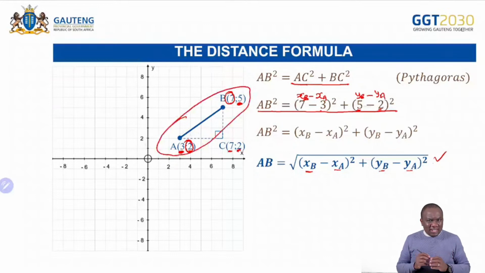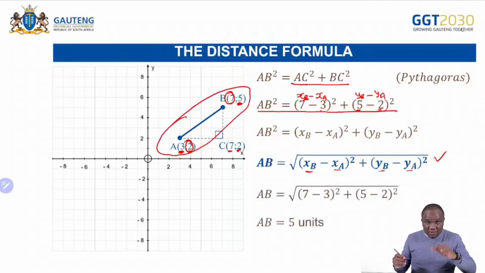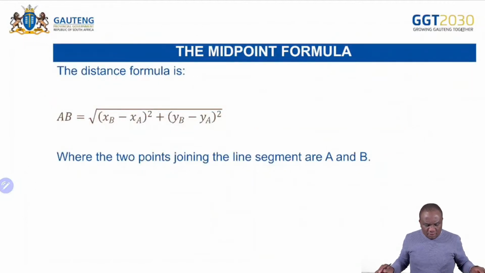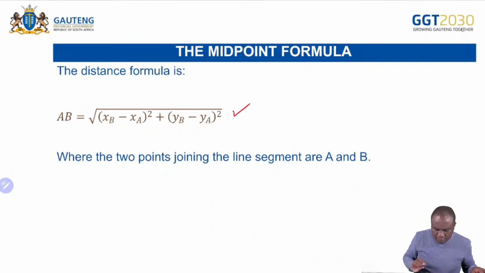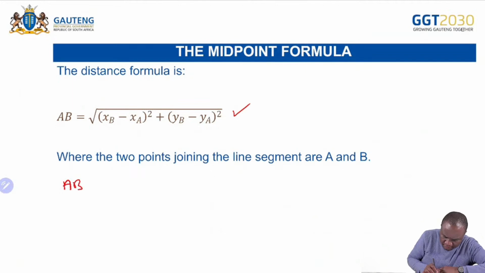I don't want you to write a lot of things. What I want you to write is this. Write this. I'm going to give you 1 minute. This is the distance formula, where the 2 points joining the line segment are A and B. You can also write it like this: AB squared is equal to XB minus XA squared plus YB minus YA squared.